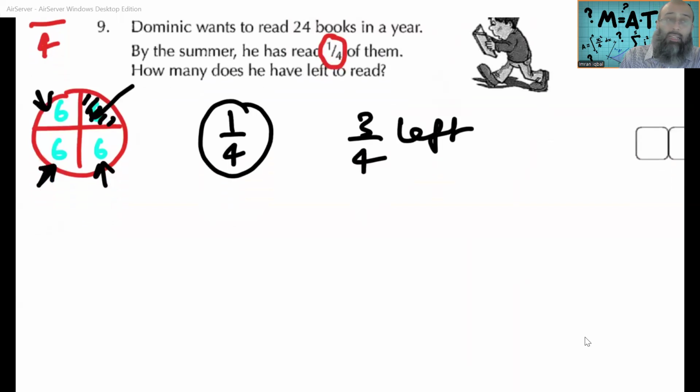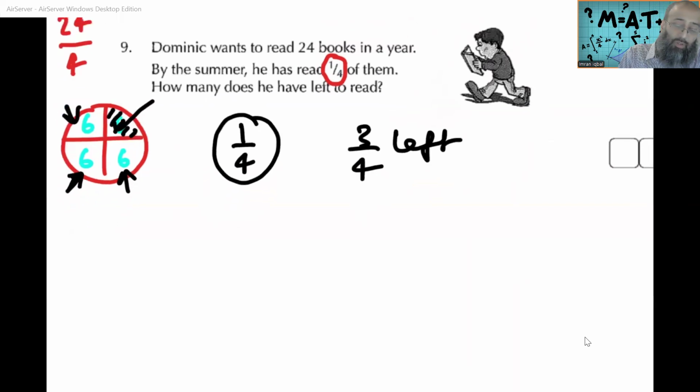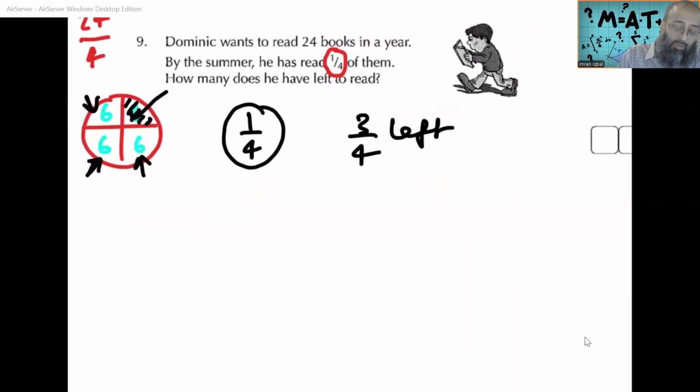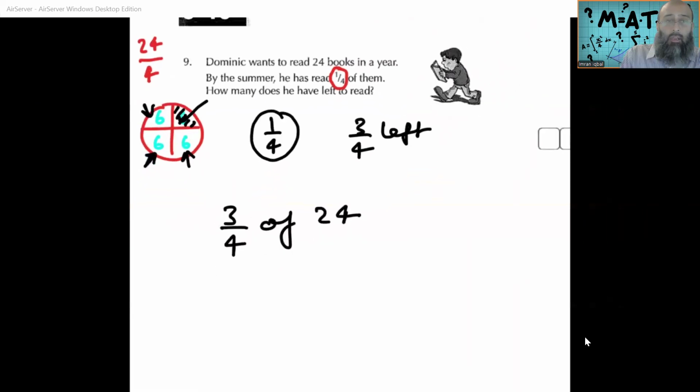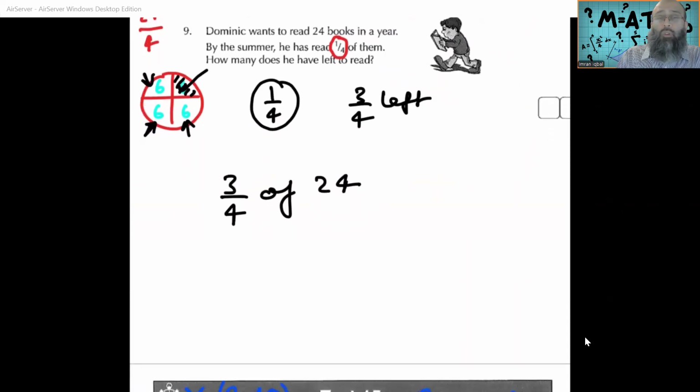So we can either look at that diagrammatically or by thinking about the fractions. So the question really is this: what is 3 quarters of 24? Now, I've already done it in a graphical sense. Let's do it now more mechanically. So if you want to work out 3 quarters of 24, we use our method.